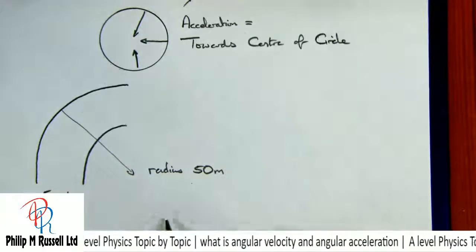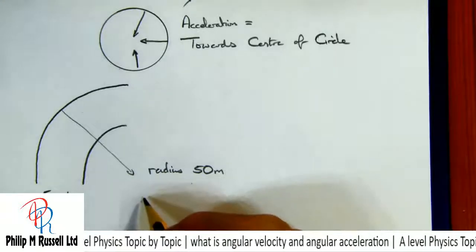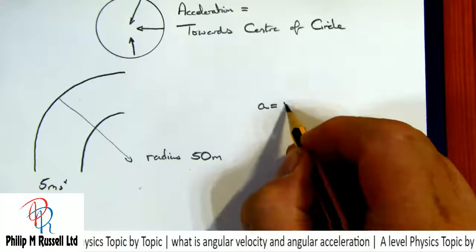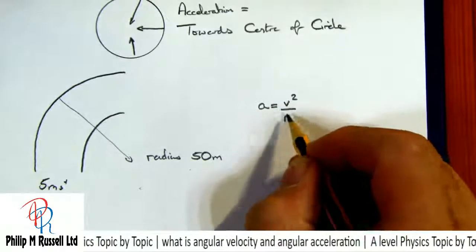So let's work out that our acceleration here is v squared over r.